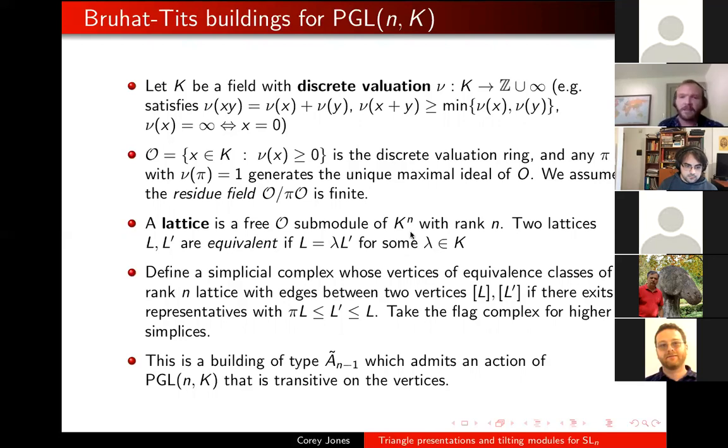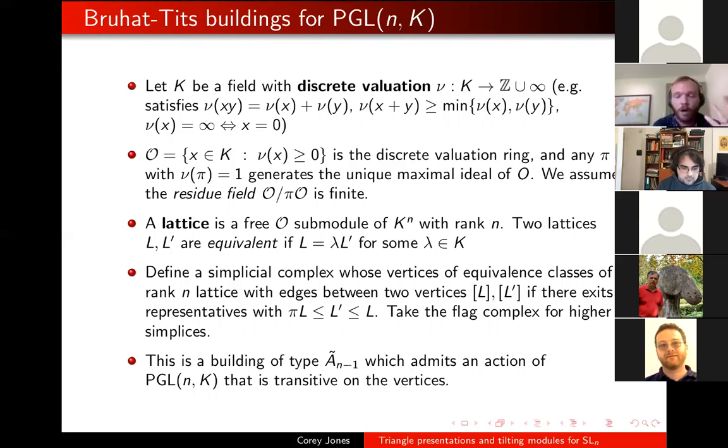I won't go into details, but you can look at this slide later if you want more. But this is why affine A_n buildings are really important, because they're the structures on which the group PGL_n(K) acts nicely.